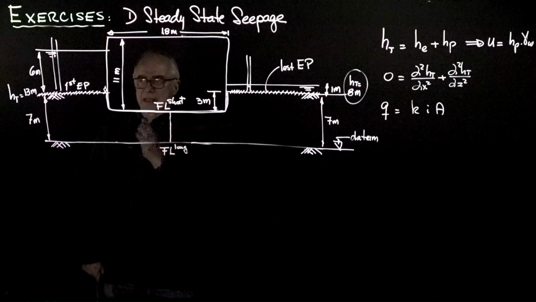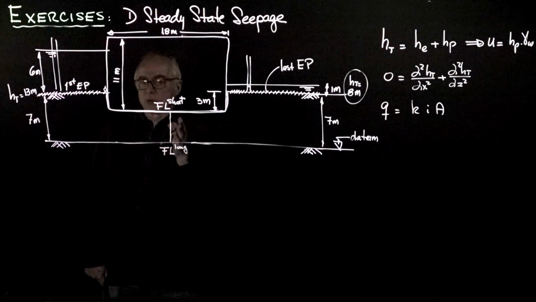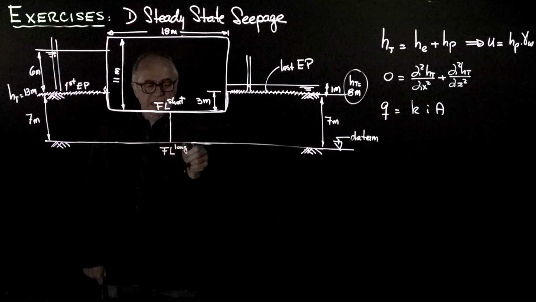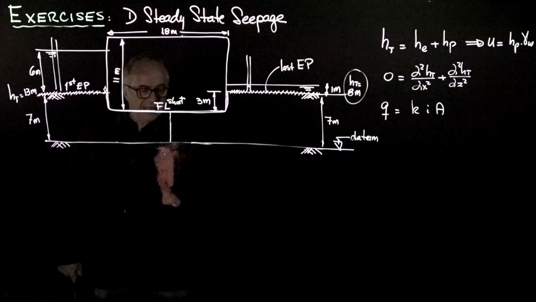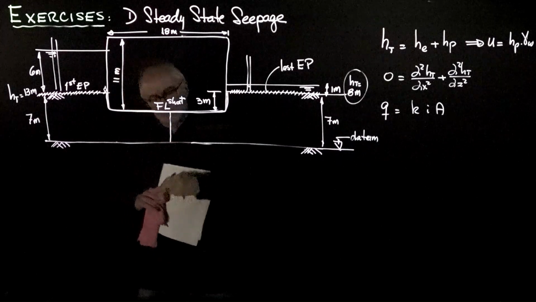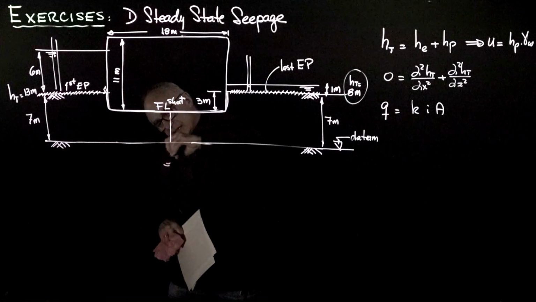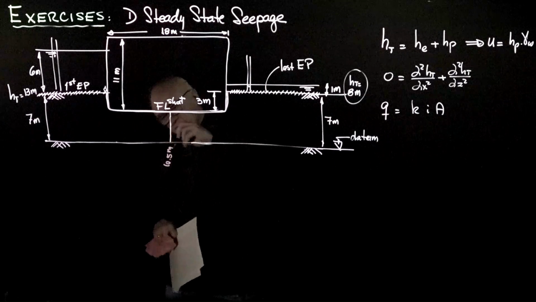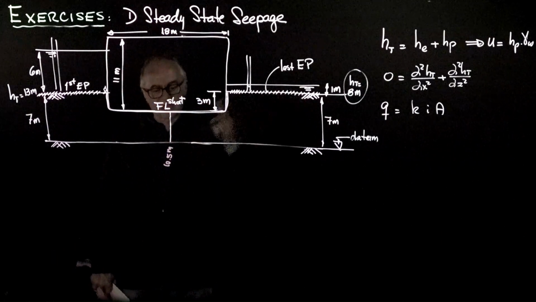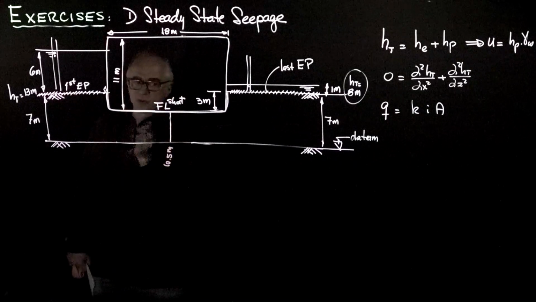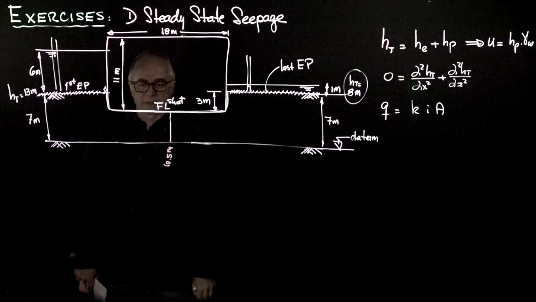That means that up to the middle point we have lost 2.5. That means that the total head at this first equipotential is going to be 10.5 meters. We have 2.5 more meters to lose to reach the last equipotential, and we have already lost 2.5 meters from the first one.